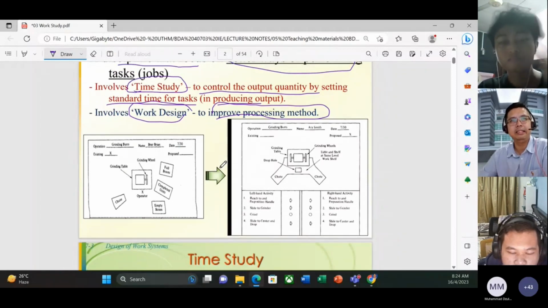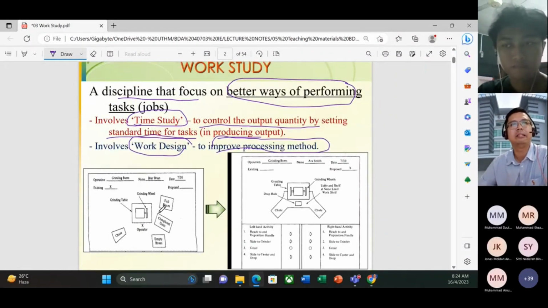As you can see in this figure, this is a work design. The operator will be here. This is the grinding table, grinding wheels. And nearest to the operator is one of the empty boxes, complete units, full box.